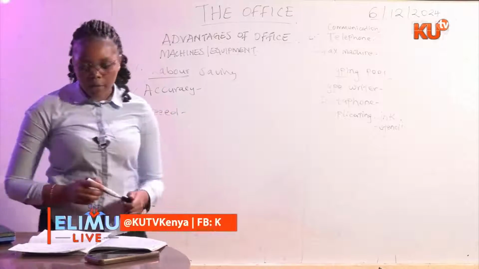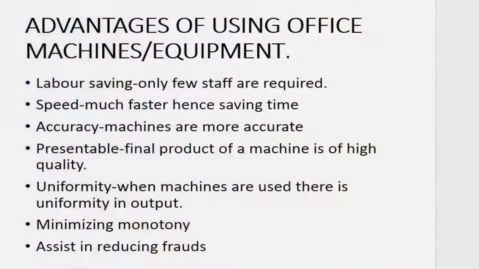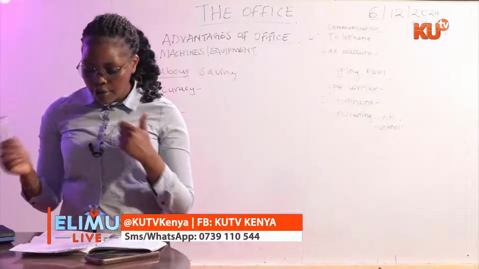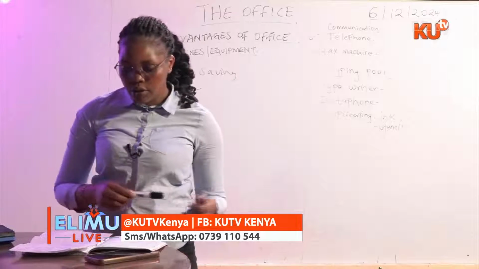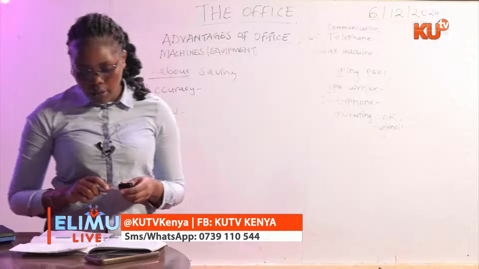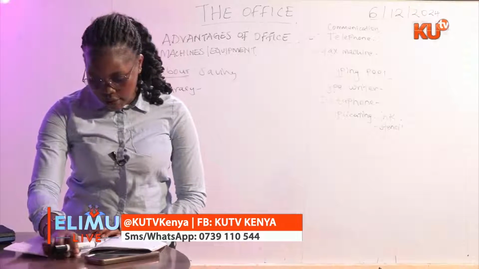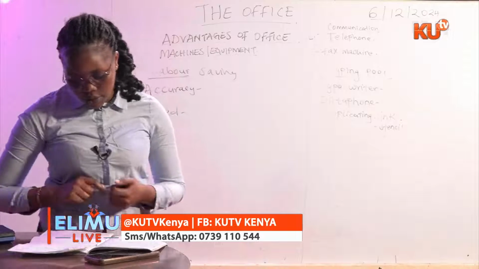Use of machines is much faster and efficient, and it saves time. One who is using a computer is going to do calculations faster than one using their mind. So they ensure that there is speed in the work that you're doing.